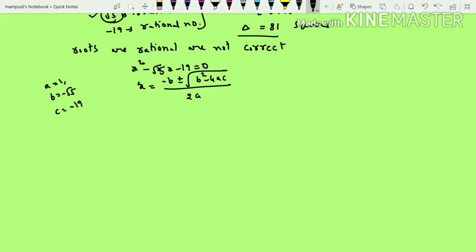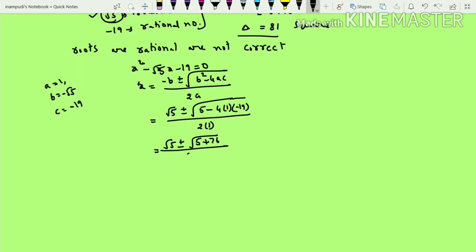So x equal to root 5 plus or minus square root of 5 plus 76 by 2, that is root 5 plus or minus root 81 by 2. Root 81 means 9, so x equal to root 5 plus or minus 9 by 2.